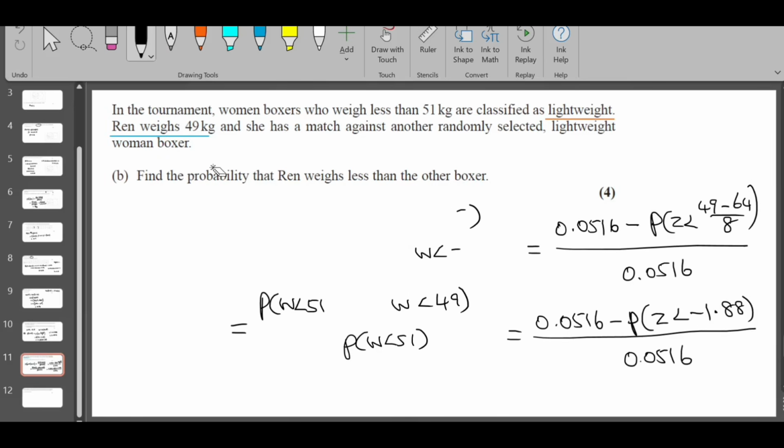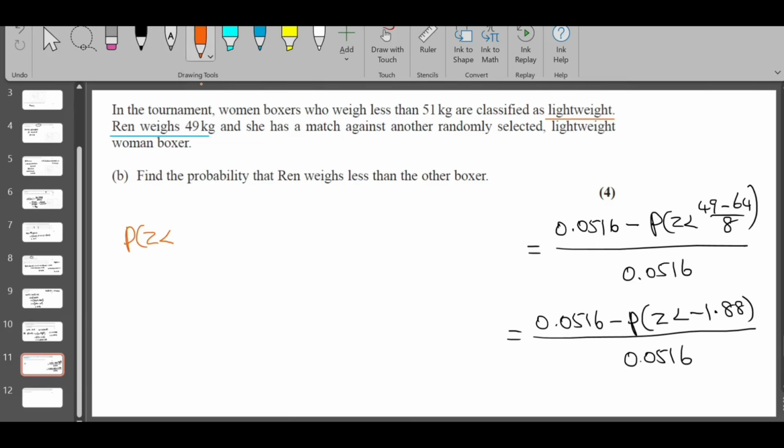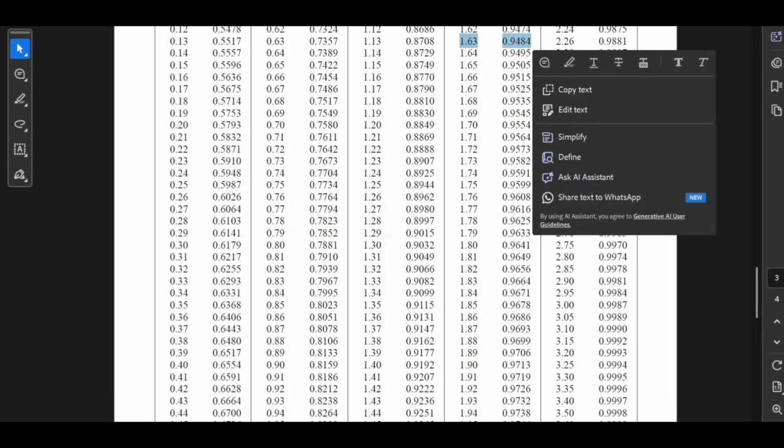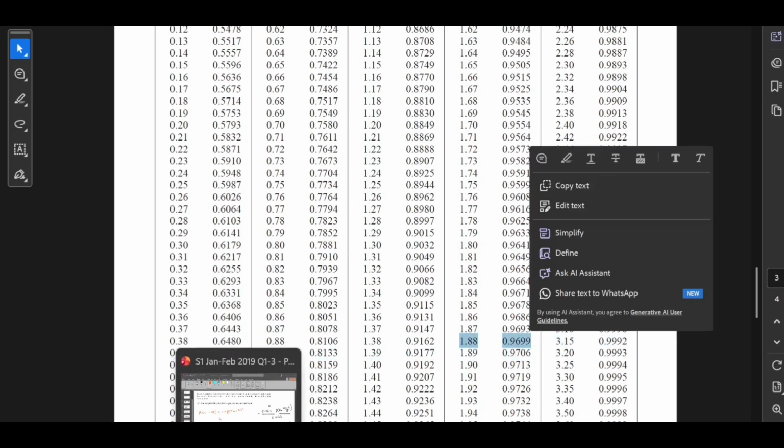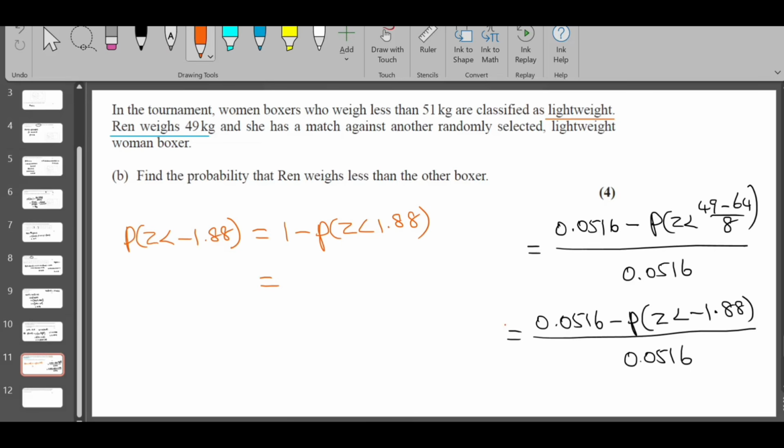I'm going to calculate P of Z is less than minus 1.88 separately here. P of Z is less than minus 1.88 is the same as 1 minus P of Z is less than positive 1.88, right? So let's take the table value for 1.88. It's in here, 0.9699. So 1 minus 0.9699 is 0.0301.